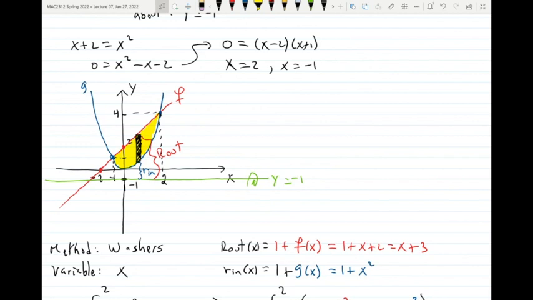The region was yellow, right? If your line is the x-axis, you still have this gap that will generate a hollow part in your solid. It's only when the entire region is touching the axis all the time that you use this, okay? Only when it's touching the axis all the time.